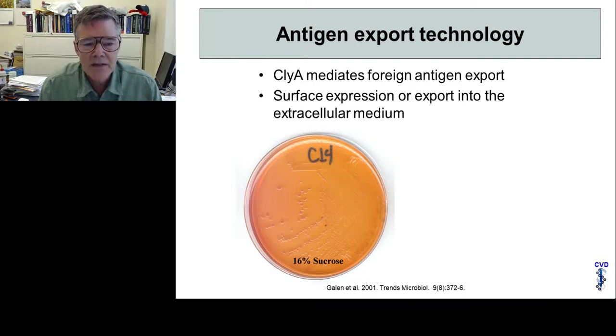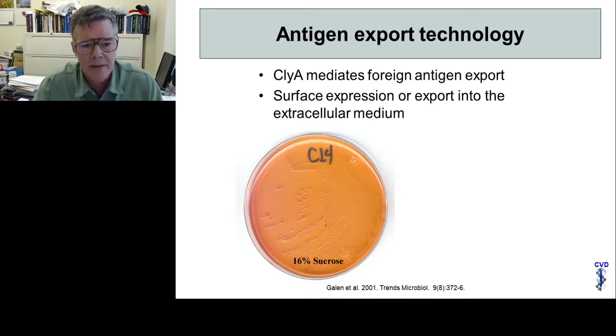Levansucrase has this remarkable ability to take sucrose, cleave it into glucose, and leave fructose. But because levansucrase doesn't have anything else to do, it doesn't have any meetings to go to or anything, it takes the fructose and links it together, and produces this long polymer called levan.